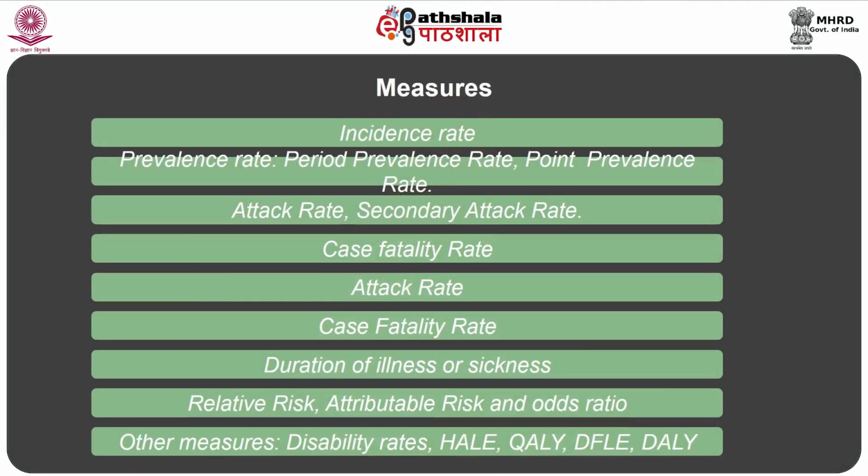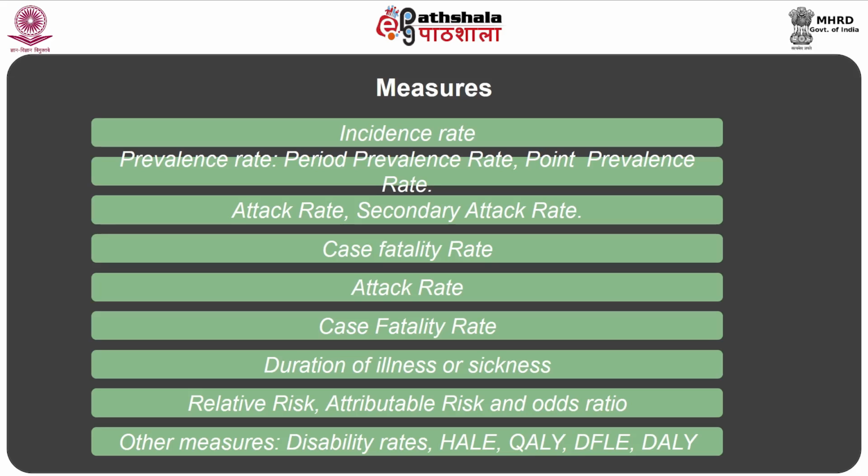Measures. Disease, illness or sickness is measured by calculating: Number 1, incident rate. Number 2, prevalence rate, period prevalence rate, point prevalence rate. Number 3, attack rate, secondary attack rate. Number 4, case fatality rate. Number 5, duration of illness or sickness.